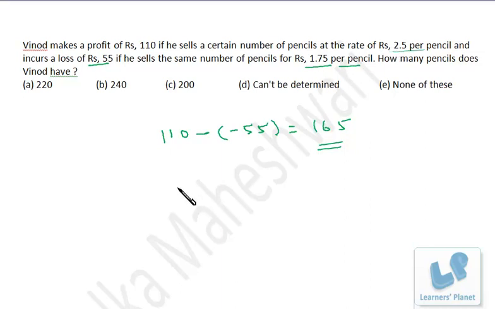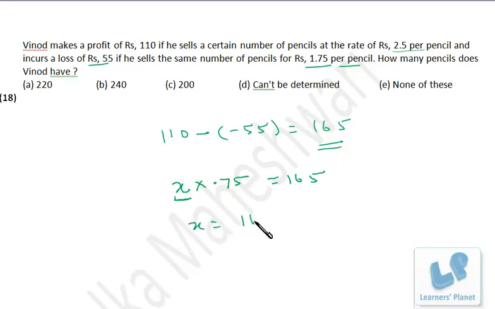That means suppose we have x number of pencils, then x pencils into the difference in price per pencil will be equal to 165. So precisely, the difference in the overall amount will be equal to the number of pencils into the difference between the price of each pencil.